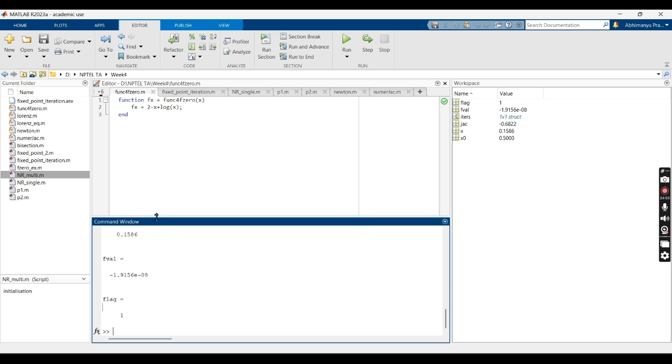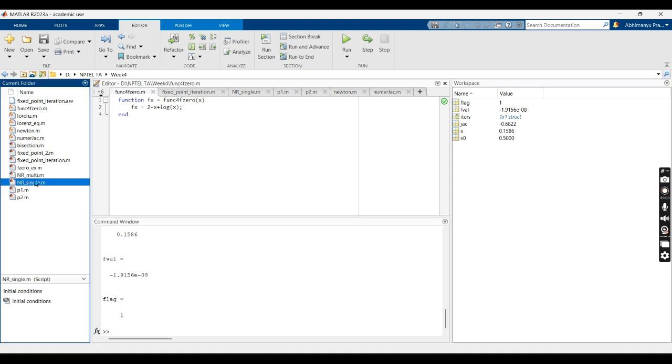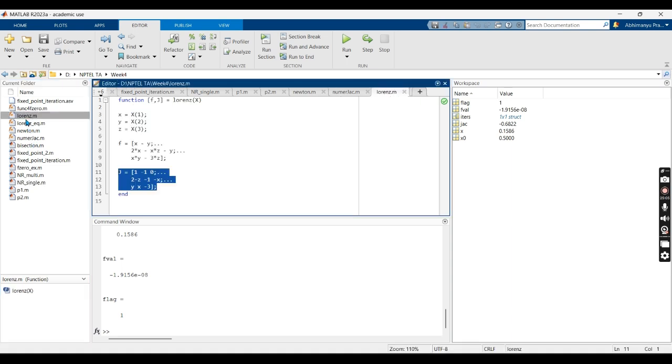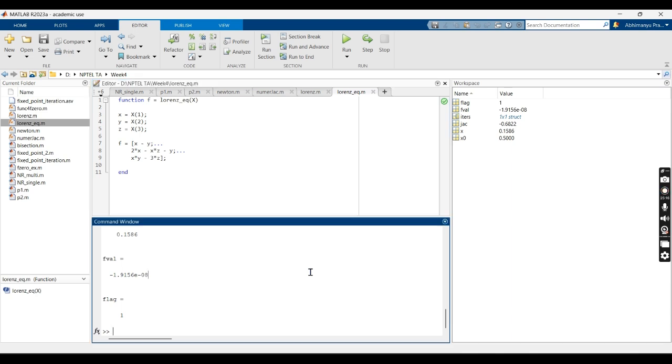Now for the multivariable case, we already had a function somewhere. Yeah. So we only need to input the function, right? We don't need to input the Jacobian into fsolve. So I'll just use this Lorenz equation function. It's the same function, but we have just removed the Jacobian part.